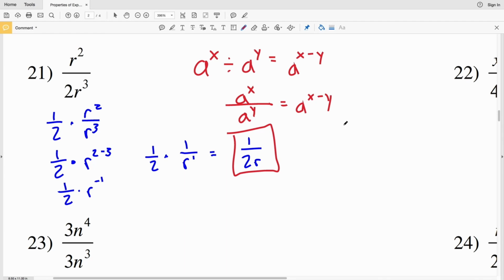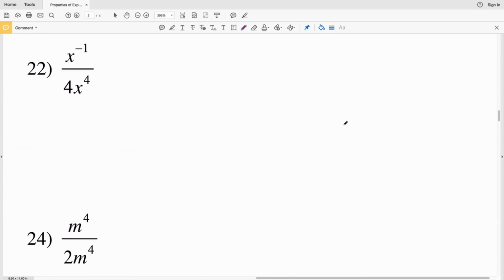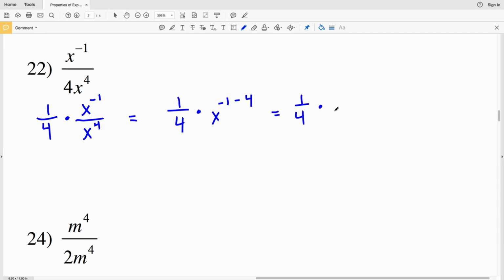for number 21. And number 22, splitting up this fraction, I'll pull out that 4, so I'll have 1/4, and I'll be multiplying that to x to the negative 1 over x to the fourth. So I'll write this as 1/4 times x to the negative 1 minus 4, which will be 1/4 times x to the negative 5, since negative 1 minus 4 is negative 5.